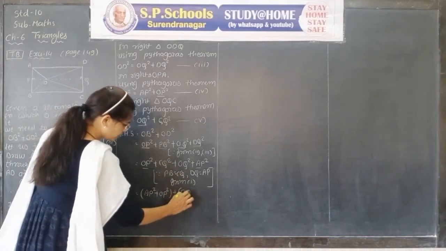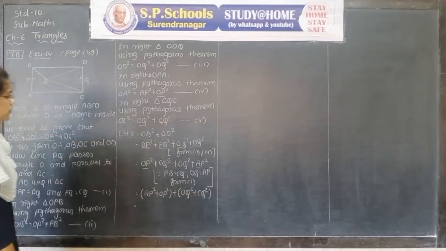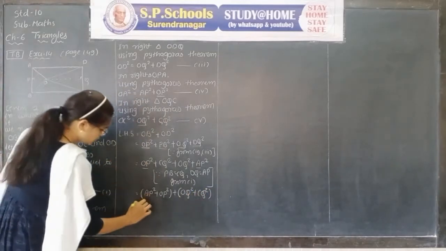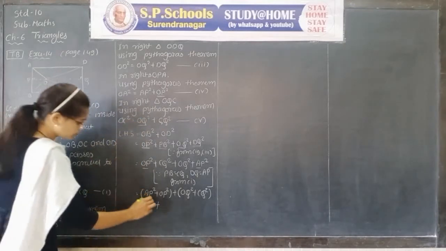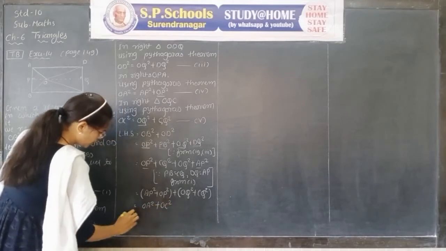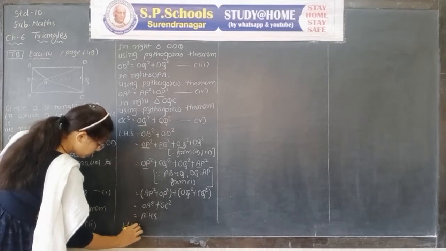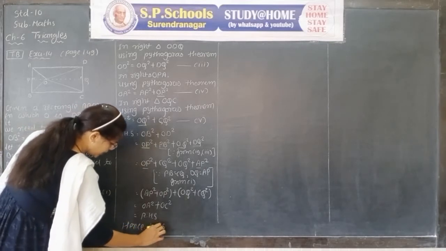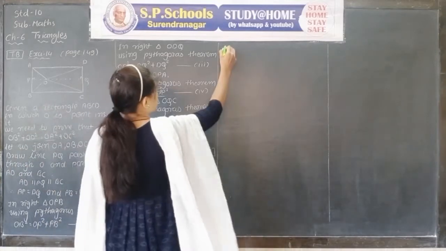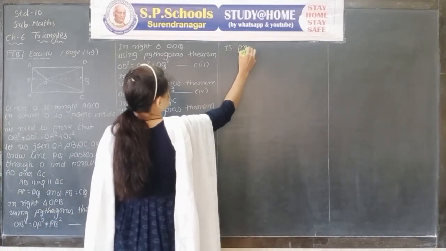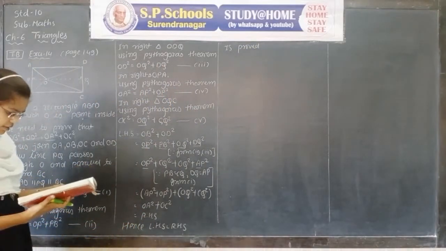Instead of AP square plus OP square we have OA square, and instead of OQ square plus CQ square we have OC square, which is our right hand side. Hence left hand side is equal to right hand side. It is proved. Hence the proof of example number 14 is completed.